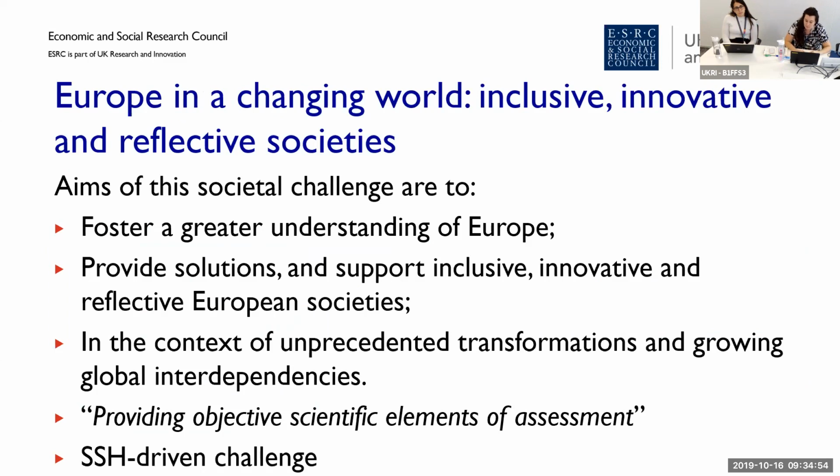This is the top-down part of Horizon 2020, so it is directed as opposed to Pillar 1, which is bottom-up. This is supposed to build on previous work programmes and take into consideration all of the changes that have been happening in recent times within Europe, financial crisis, huge rises in migration, and how Europe fits into the global community. So there are lots of opportunities within here.